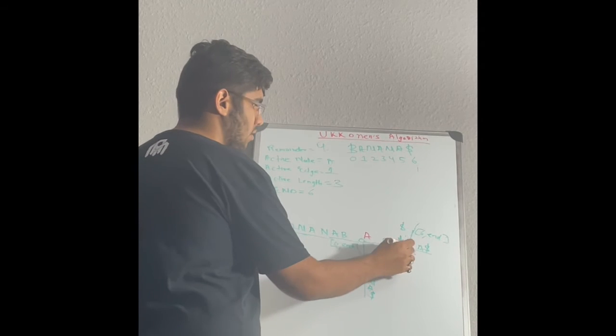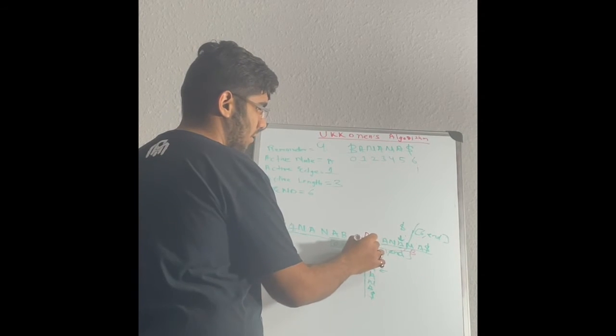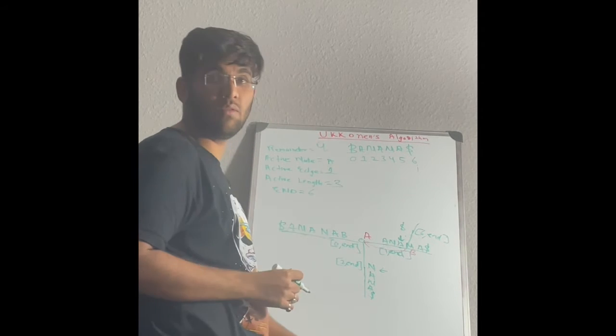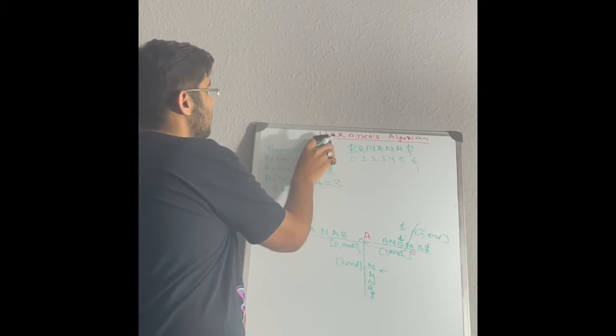Suffix link will point to A because that is the root node, and now we decrease the value of remainder because we created a leaf node.